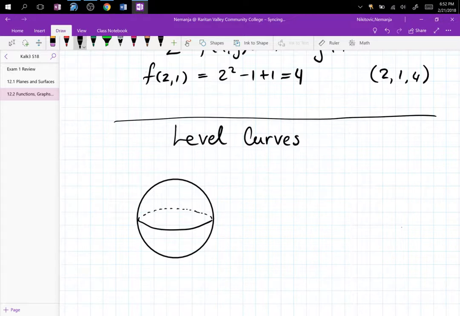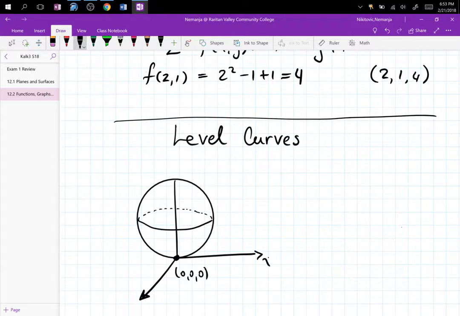Now I'm going to make this ball stand on the 0, 0, 0. So we have x, y, z, right? And the ball stands on 0, 0, 0. And now I'm going to start cutting.